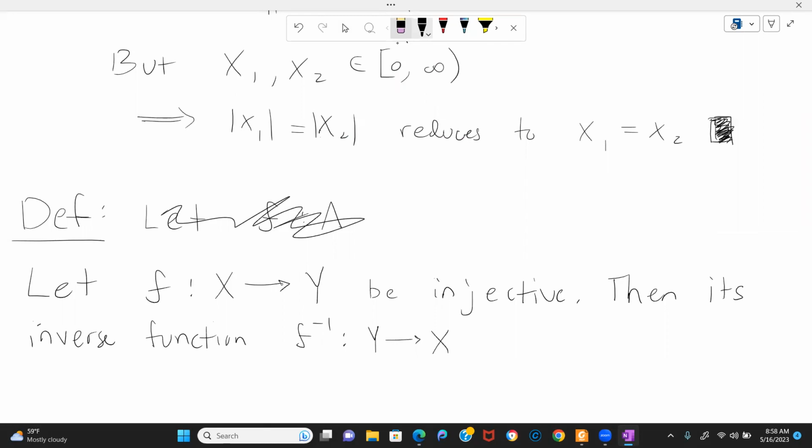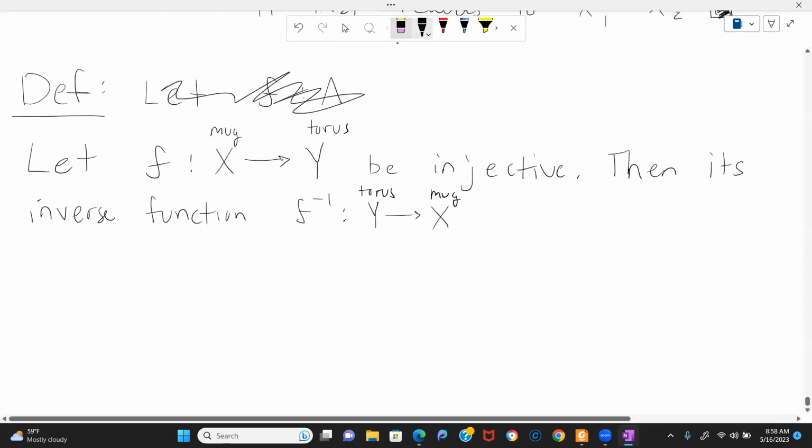Think of this as the mug, and this is the torus. And so f is a function from the mug to the torus. It's like a way of transforming the mug to the torus, but now you want an inverse function that goes back from the torus to the mug. So you can undo these things. So the inverse function is a function from y to x, but what's the rule, right?